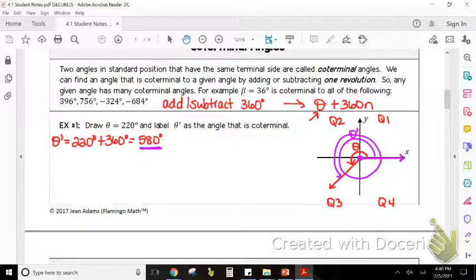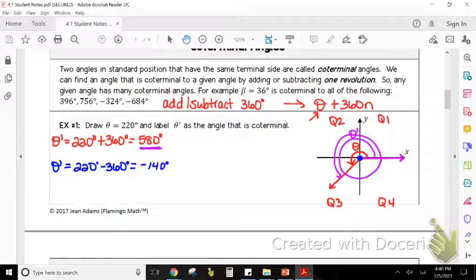But what if instead I said I wanted a coterminal angle that was negative? Well, in that case, I can subtract 360 degrees. And when I do that, I'm going to get negative 140 degrees. And so if I wanted to see what that looked like on my graph, again, I would start in standard position.